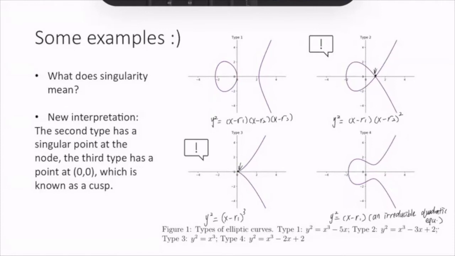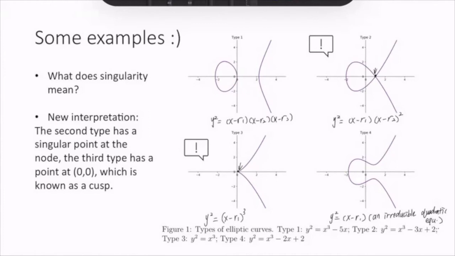And the singular point in type 3 would be at the repeated root of r1. So another interpretation of that, or the name for these types: the second type has a singular point at the node, which is the marked point there. And the third type has a point at 0, 0, which is known as a cusp.